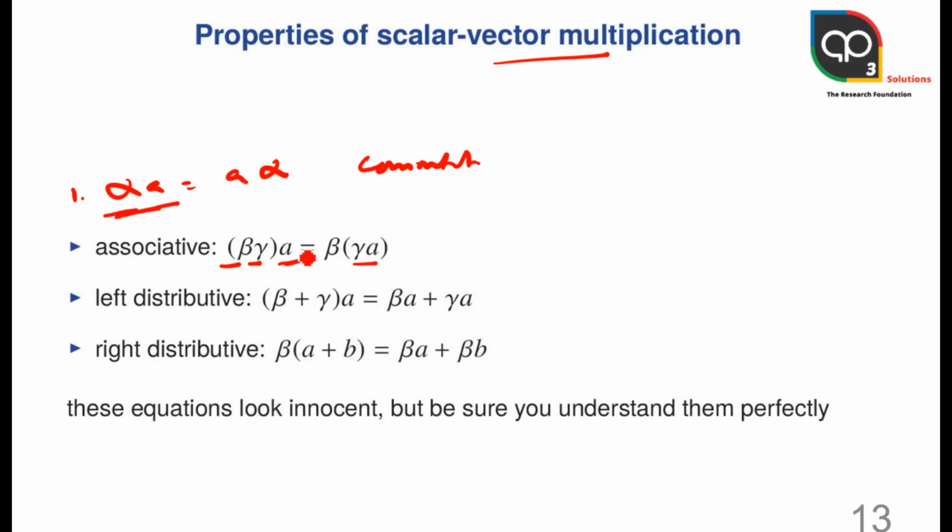On the left hand side we see this scalar multiplication, and on the right hand side, kindly observe, we see two scalar vector products. As a consequence, we can write the vector above as beta gamma A. It does not matter whether we interpret this as (beta gamma) into A or beta into (gamma A).